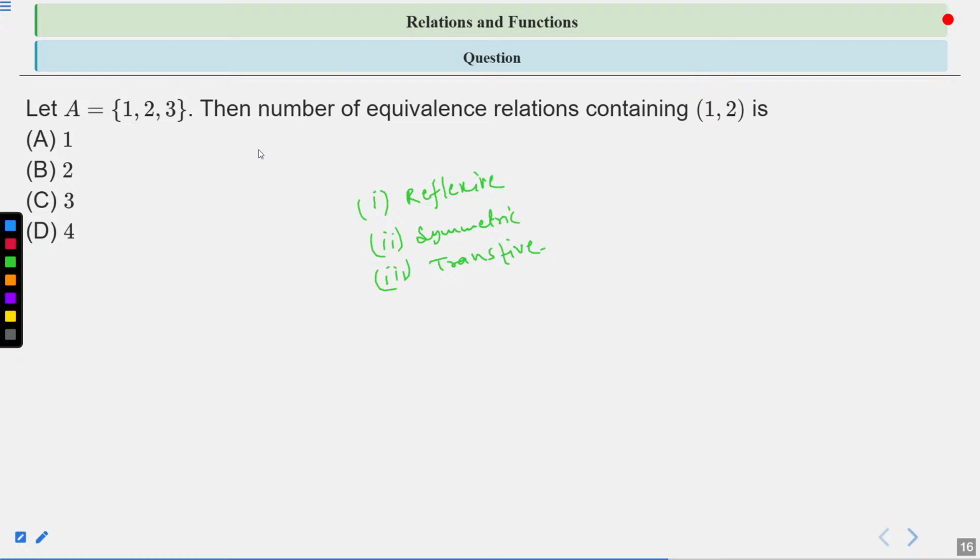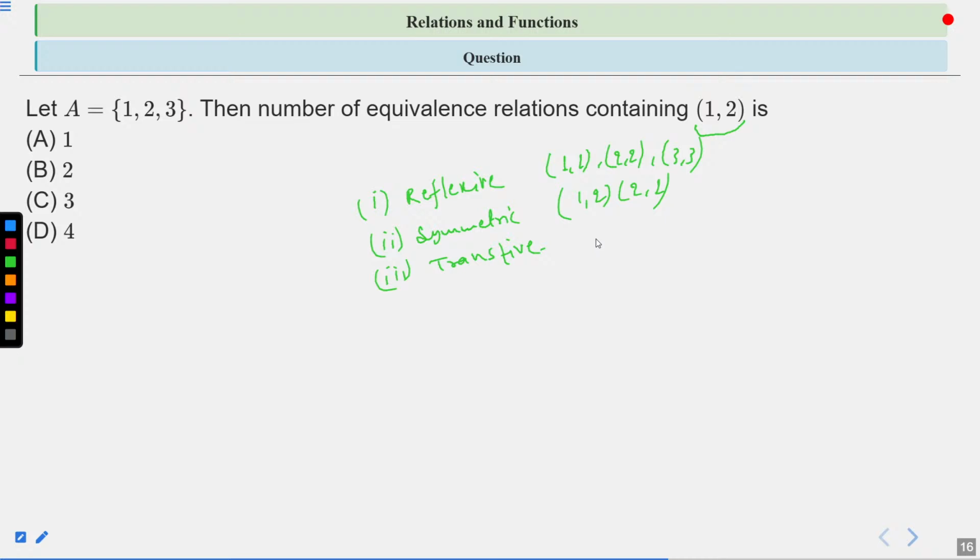Got it? Now, since we have set {1, 2, 3}, and the relation must always contain (1, 2), for reflexivity, (1,1) must be present, (2,2) must be present, and (3,3) must be present. For symmetry, if (1,2) is present, then (2,1) must be present.